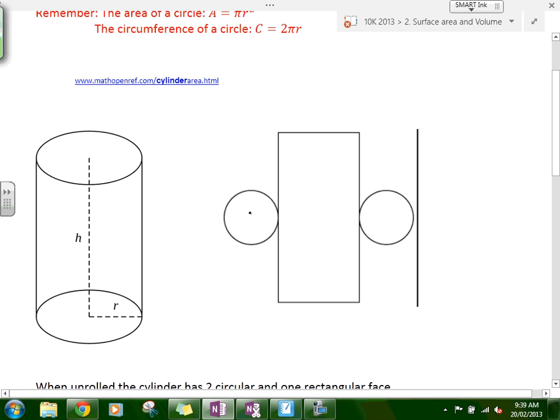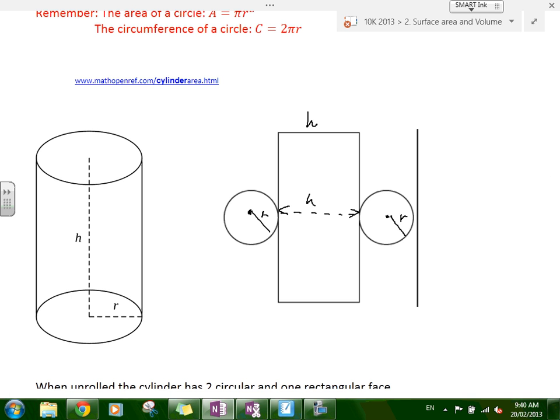If you could draw one of these nets with an example cylinder, so that's R, and that's R. And the distance between the two circles is this H. So this distance here, that's H, which means that this is also H. When we unwrap this curved surface, it's no longer curved, but it's a flat rectangle which we have placed right here.